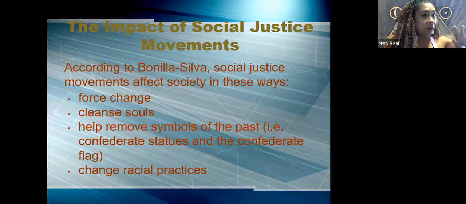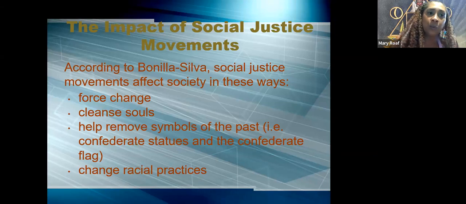So he's framing social justice movements in a much more holistic way that goes beyond a white supremacist, Eurocentric conceptualization of what scholarship is. In the quote unquote academy, that's what academia is called, scholarship and literature talking about cleansing souls is usually completely devalued.